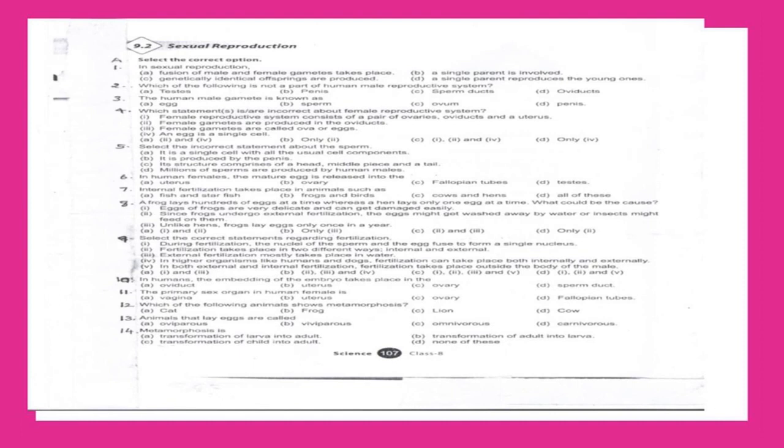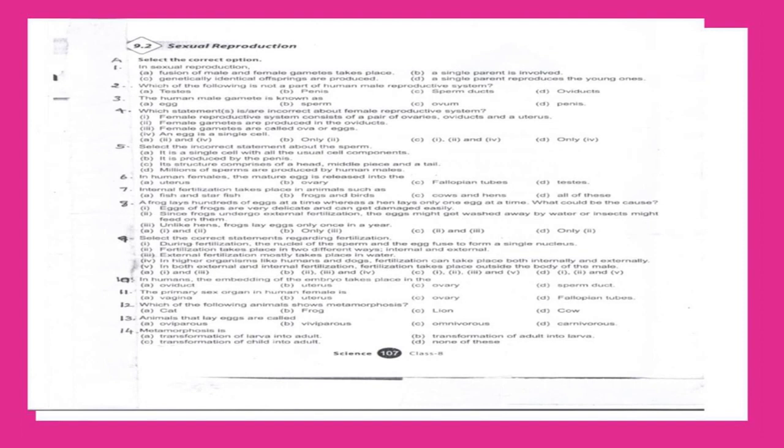That's the correct answer, option A. Second one, which of the following is not a part of the male reproductive system? Oviduct, because testis, penis and sperm ducts are male reproductive organs. So the correct answer is oviduct. Then third question, the human male gamete is known as sperm.